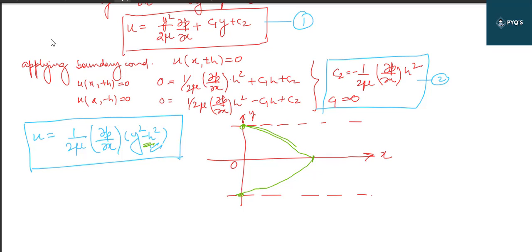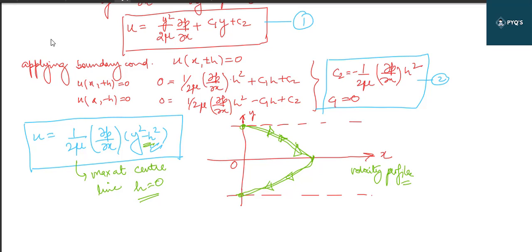Sorry, this is not a parabola, it is like a parabola. This will be the required velocity profile, which is maximum at the center line, that is y equals 0.